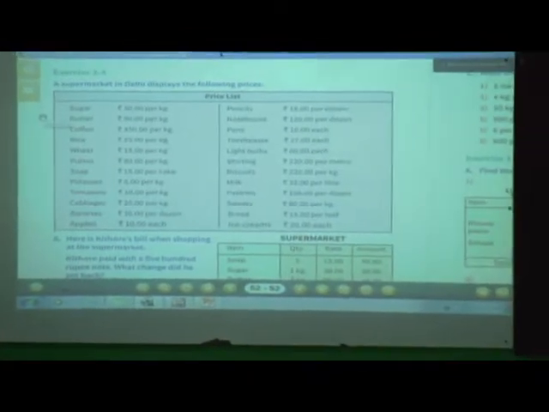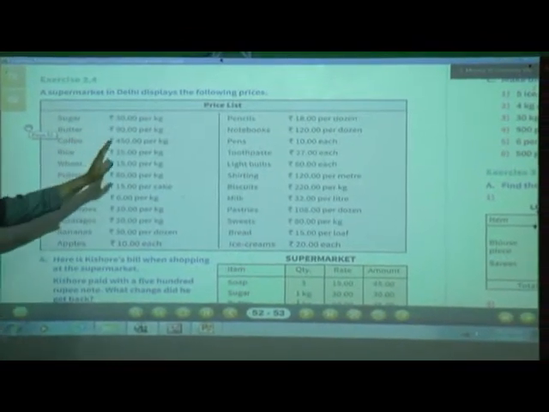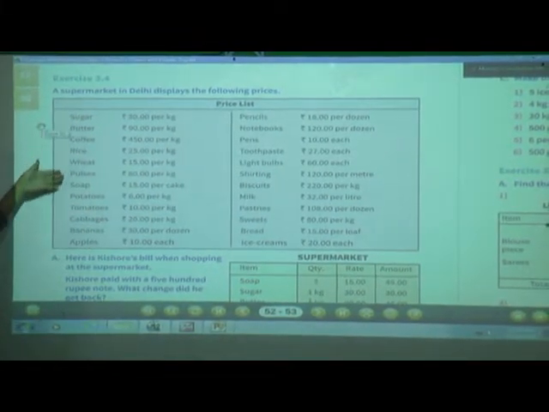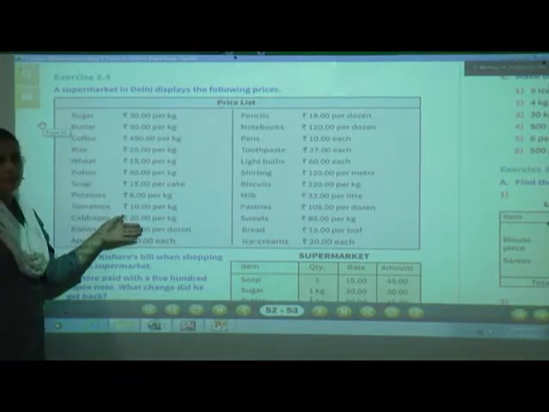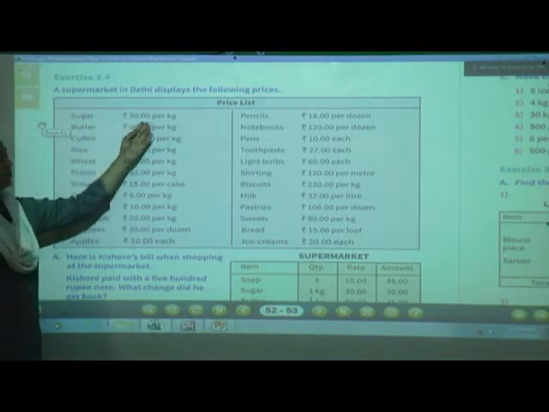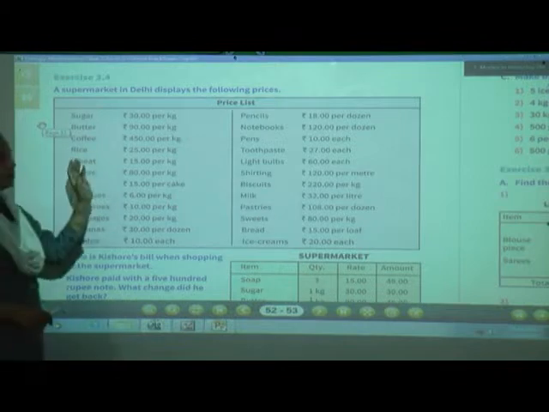See here, a supermarket in Delhi displays the following prices. So this one is the price list. Here are the items and here is the rate of each particular item. You can see sugar rupees 30 per kg, butter rupees 90 per kg. Like this the rates are there.